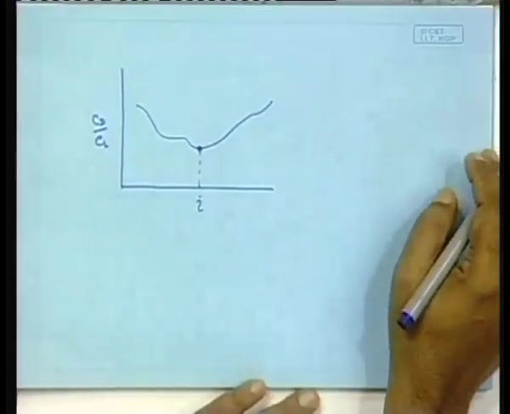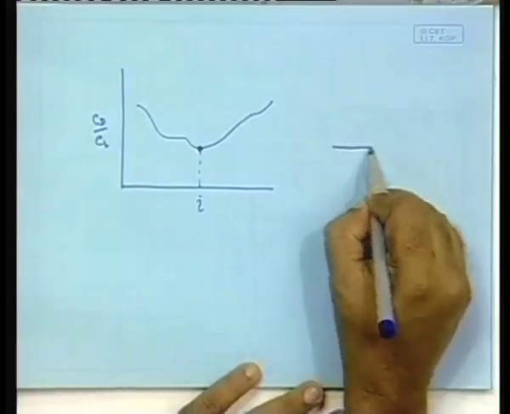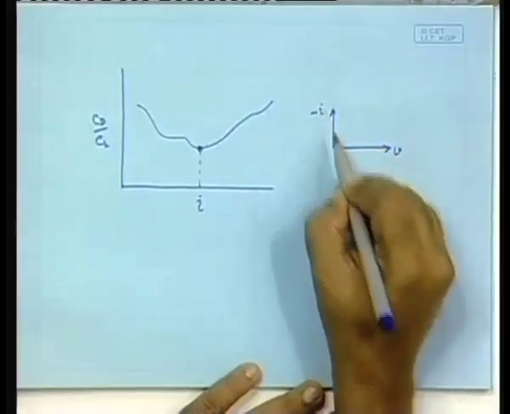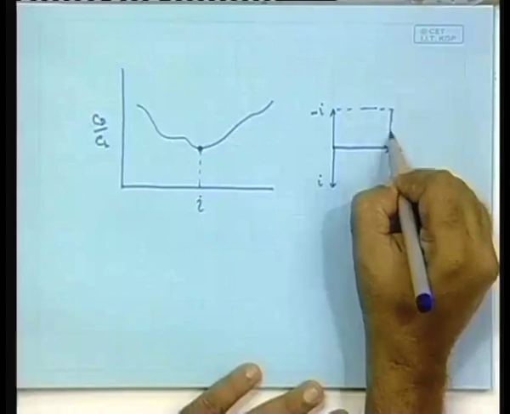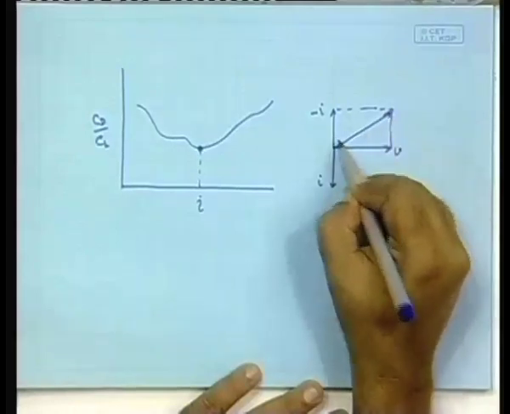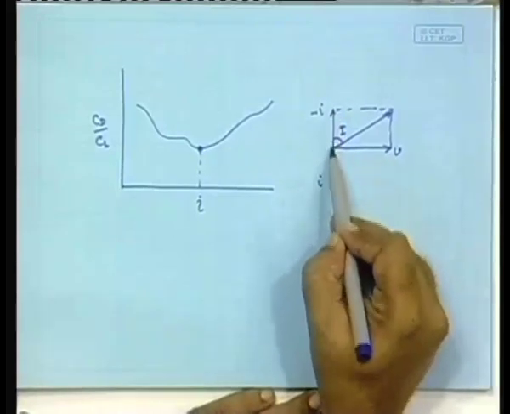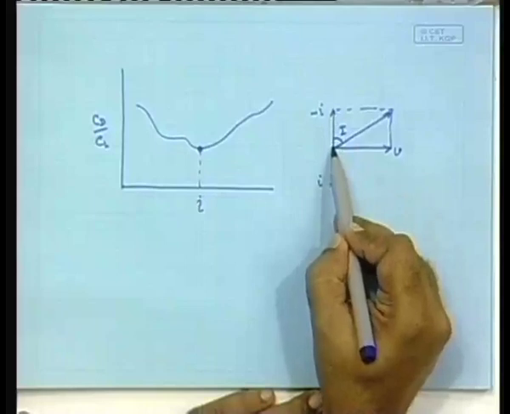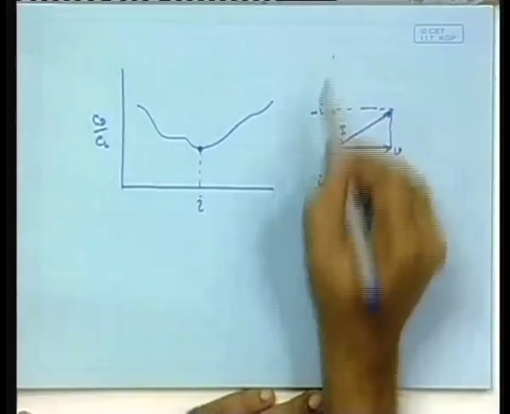But as you have seen, if you construct the velocity parallelogram, here is your V, here is your minus I, here is your I, and here is the W, and this is your capital I. Obviously, as the linear speed of the blade changes, from the inner edge it would be only this much, in the outer edge it will be that much.